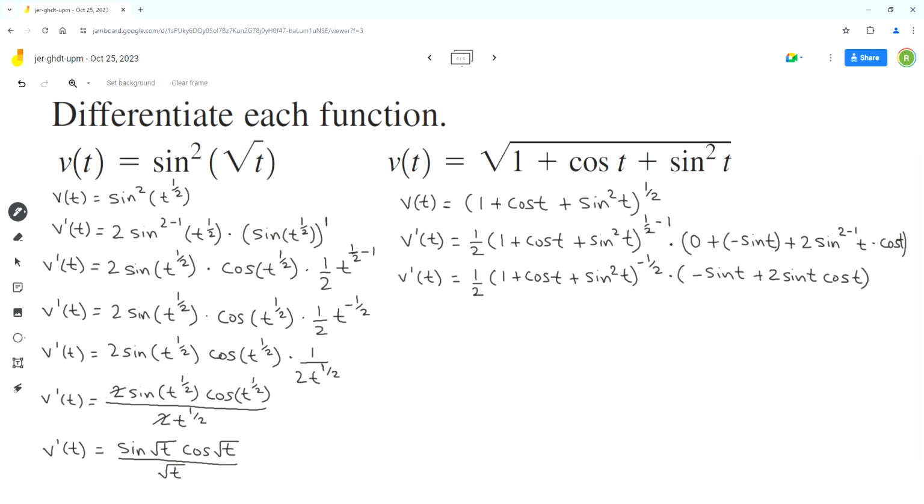Now we can simplify this expression by moving the negative exponent term to the denominator to make the exponent positive. So in the numerator we'll be left with now 2 sine t cos t can be changed to sine 2t using the double angle identity for sine.